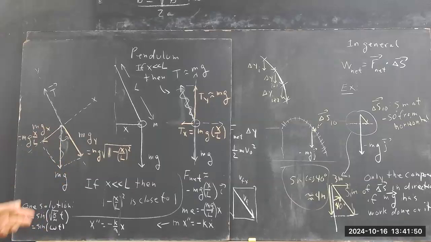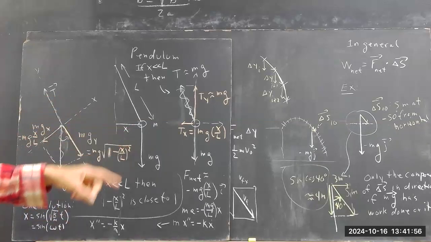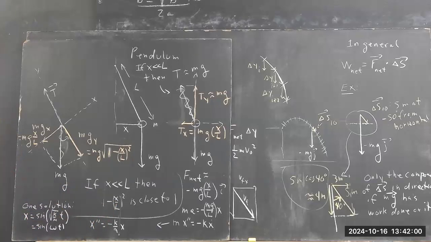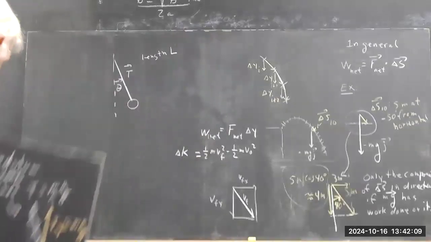If the angle's small, then it's pretty much vertical, horizontal, either way. And that whole analysis works out either way. So keep that in mind if you look back at that, and I don't want to get into too much more of that.